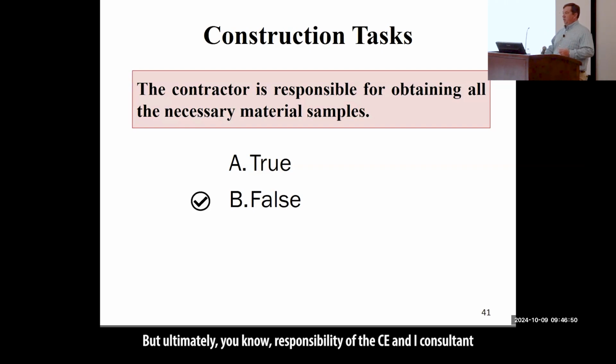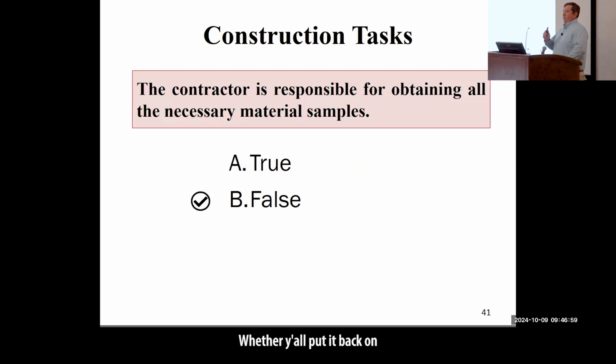That's up to y'all. But ultimately, it's the responsibility of the CE&I consultant to make sure that sample gets done, whether y'all put it back on your certified lab or whomever. But typically the district labs do not come out and collect samples specifically. It's the inspectors that end up doing that.